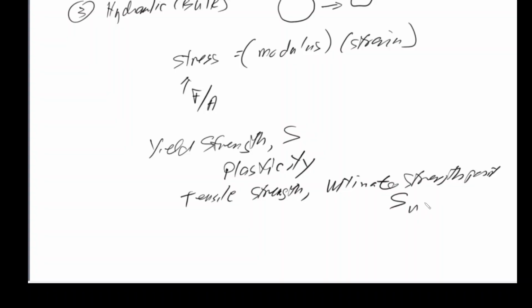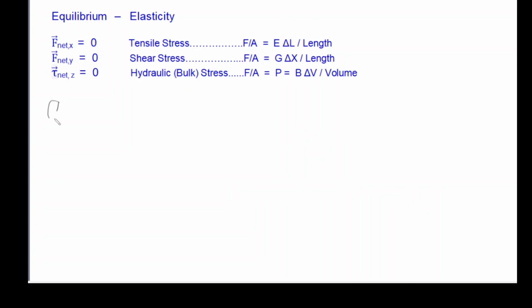Now let's look more closely at the three types of deformation. So we have our tensile stress. And again, that causes stretching or compression. So if you have a rod or an object or a block, and this is area A, the force applied is perpendicular to the surface area, up or down.